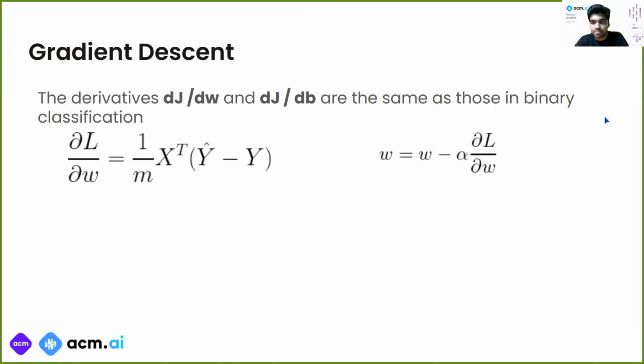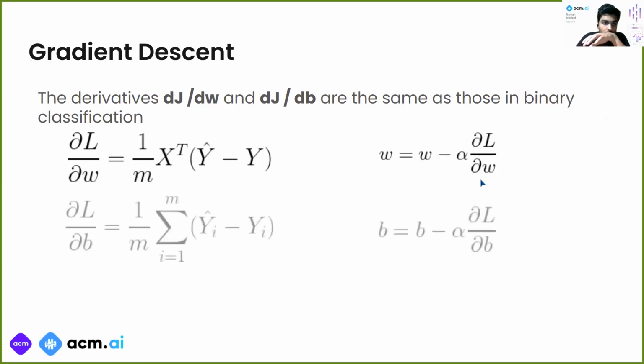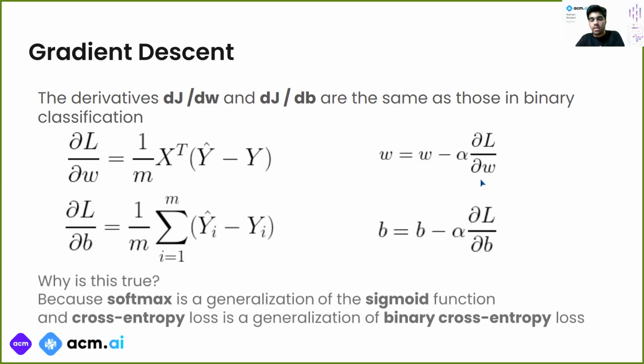We've seen that for binary classification, the gradient descent is an adaptation, but it's actually really similar to linear regression's gradient descent. And it's actually the same as multi-class classification gradient descent. Now, of course, why is this? Like Jensen talked about before, softmax is a generalization of the sigmoid function.